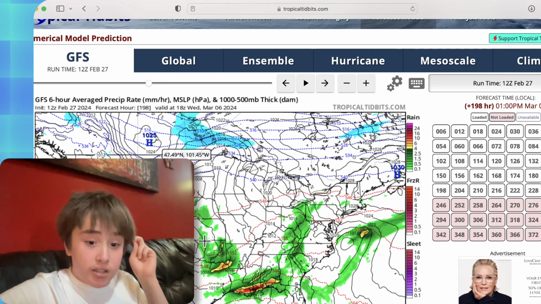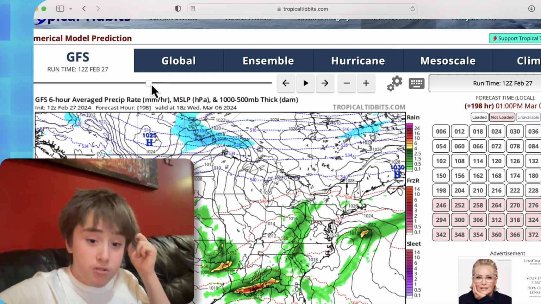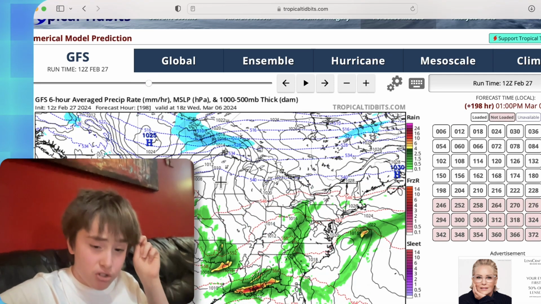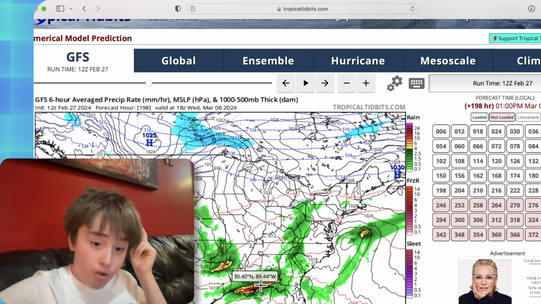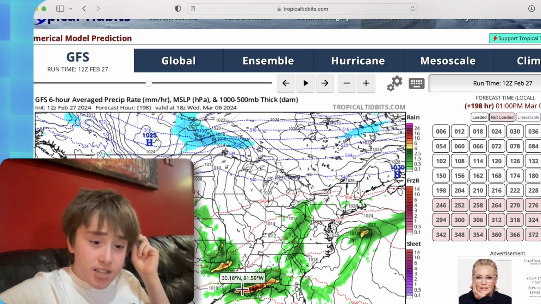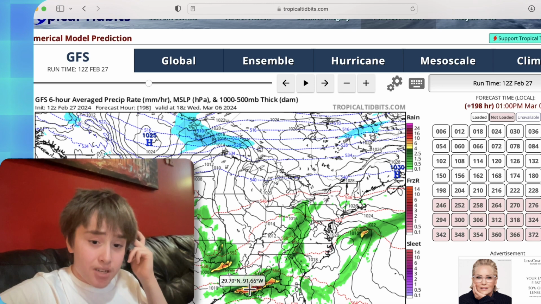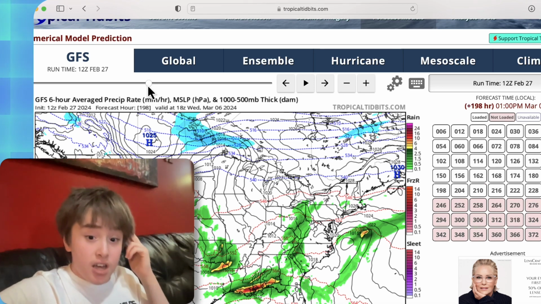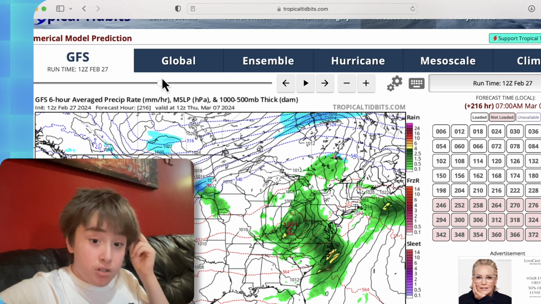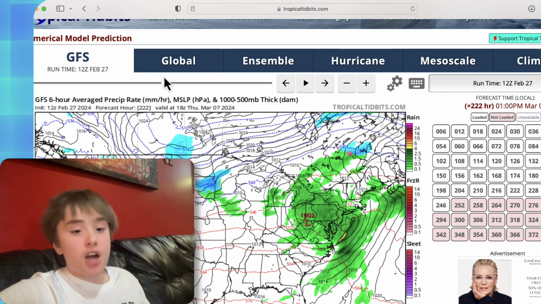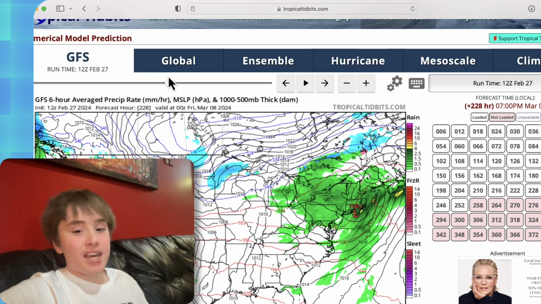Then, interestingly, next Wednesday into next Thursday, you do have this system, which looks very interesting, looks very strong, and does have some of those parameters for severe weather down here along the Gulf Coast again. And up there into Georgia, you could see some. So that is another interesting system, but we can't focus on that yet because we still have to get through this first one.